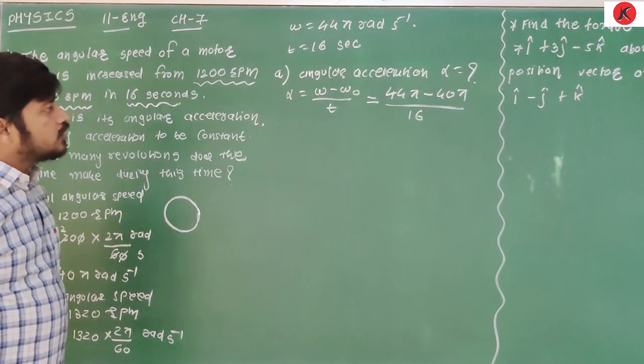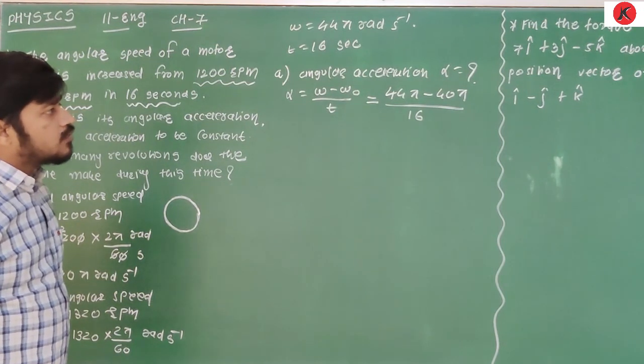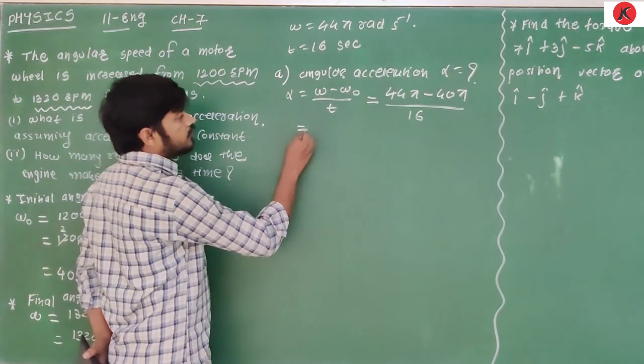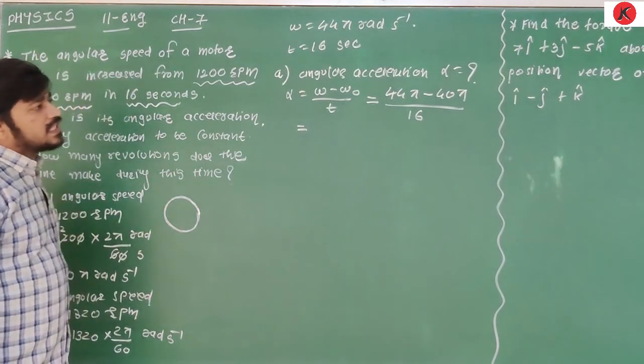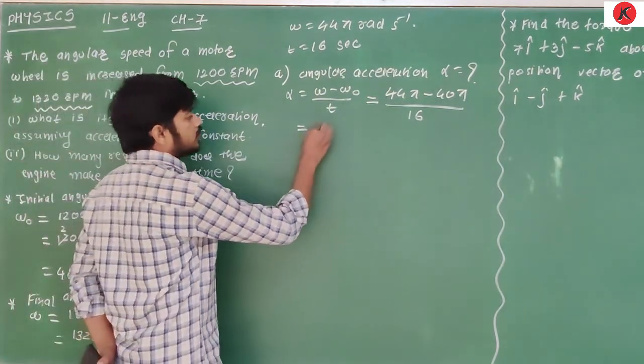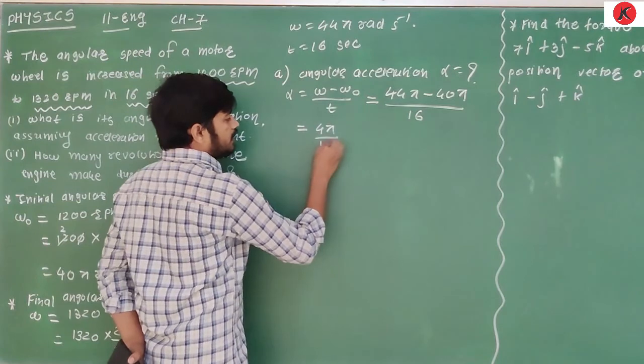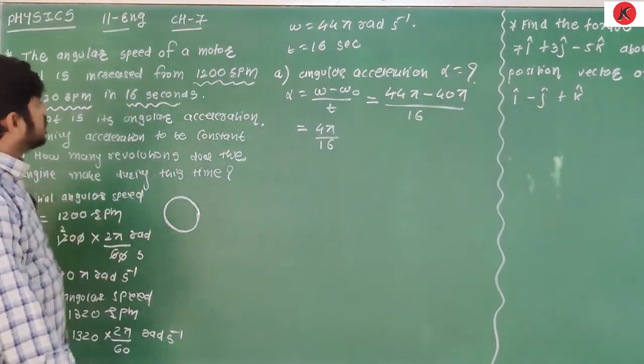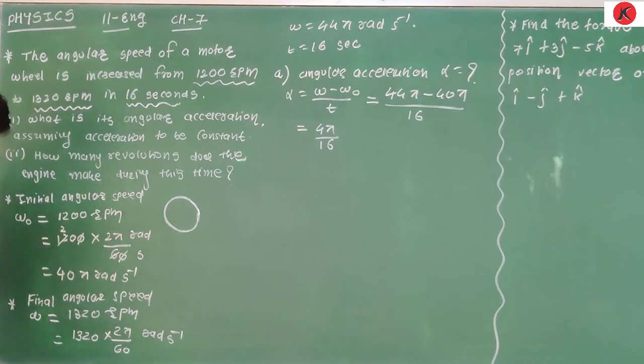So alpha is equal to omega minus omega 0 upon t, which is 44 pi minus 40 pi, so it is 4 pi divided by 16.